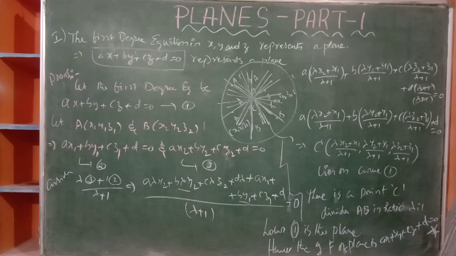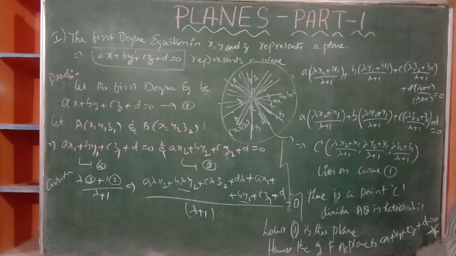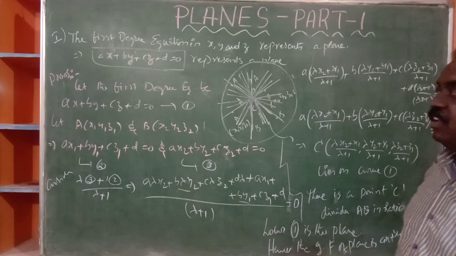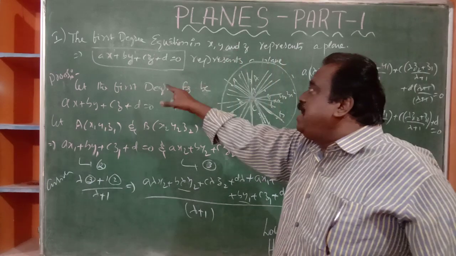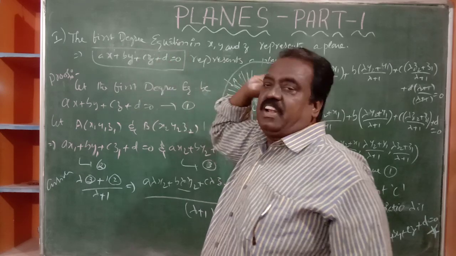But this proof is not needed. Don't learn it, don't memorize it. But have some idea: the first degree equation represents a plane. In first year geometry, AX plus BY without this CZ is a straight line.